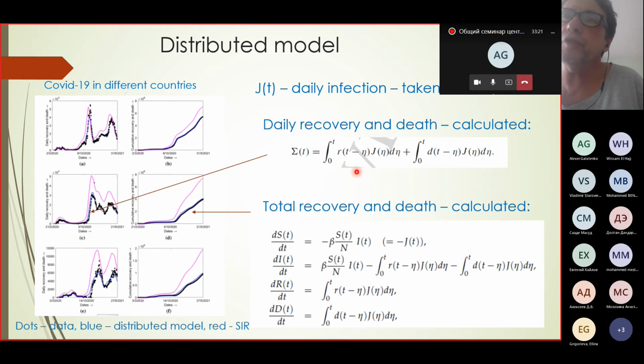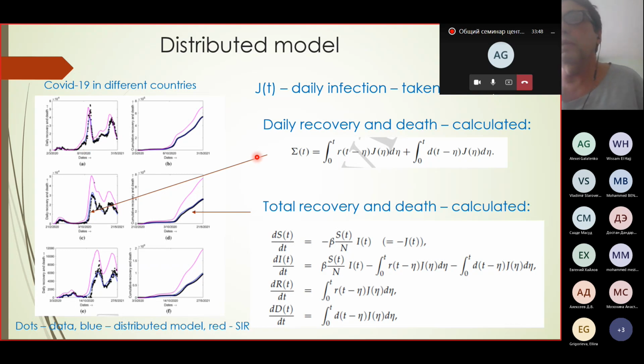Again, I repeat, we take J of t from the data, we obtain sigma of t, and we compare sigma of t by this formula, and we compare sigma of t also with the data. This comparison is shown in this graph. And we have exact correspondence between the data and this calculated formula.